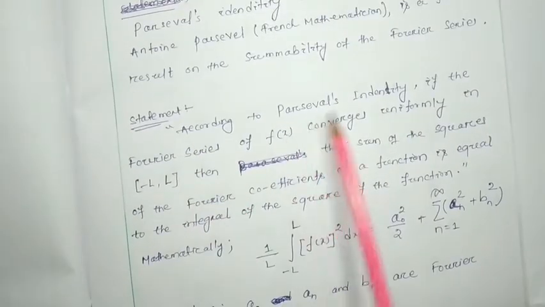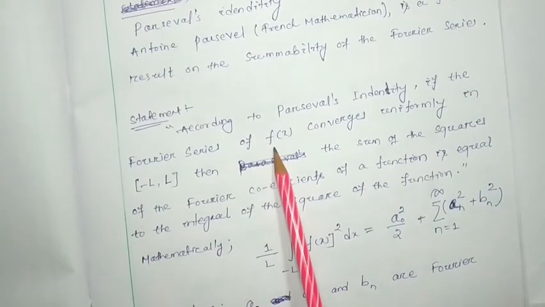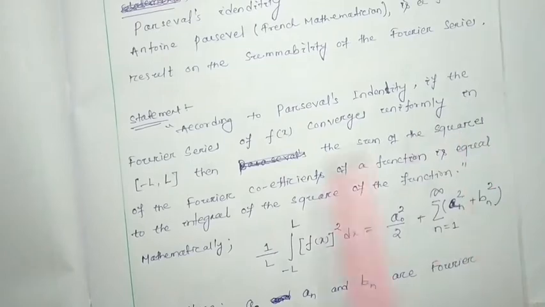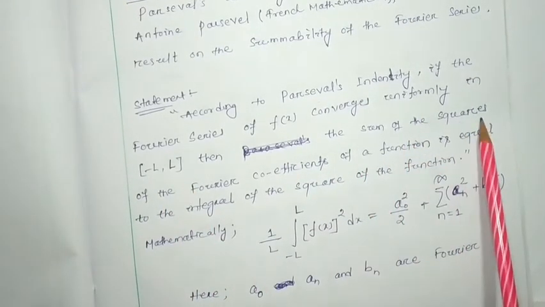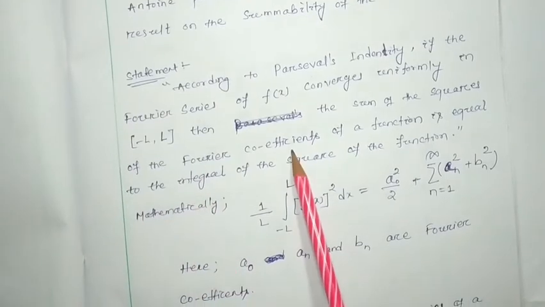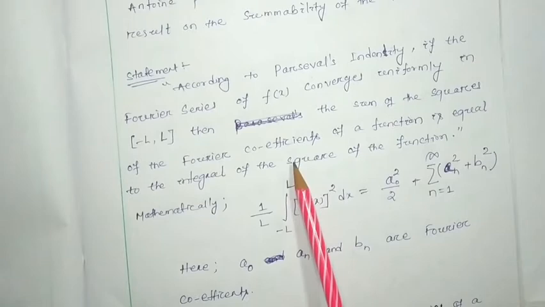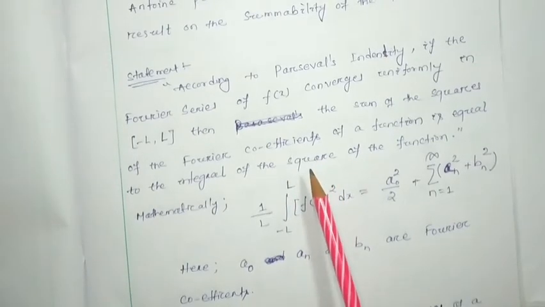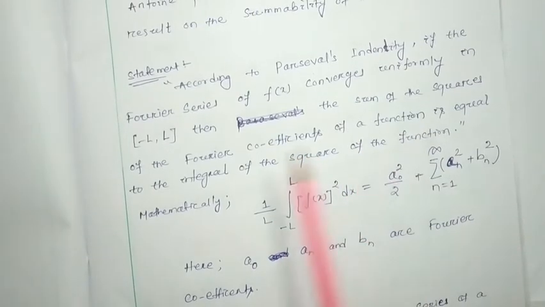So what is the statement of Parseval's identity? According to Parseval's identity, if the Fourier series of the function f(x) converges uniformly in minus L to L, then the sum of the squares of the Fourier coefficients, a0, an, bn, like that, a0, an, bn are the Fourier coefficients.